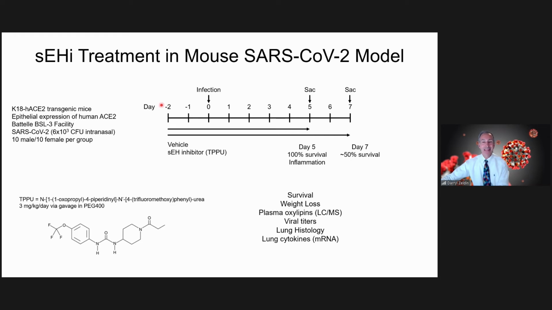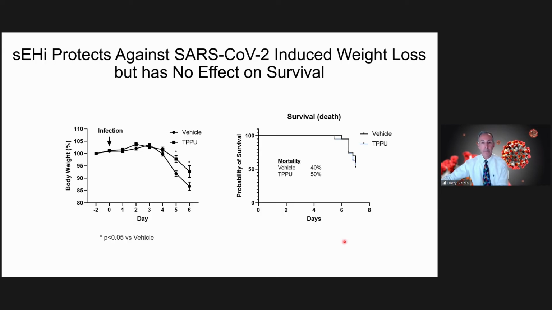We studied 10 male and 10 female mice in each of the treatment groups. We sacrificed uninfected control mice and both vehicle and TPPU treated mice on days 5 and 7 post-infection. We currently have data on survival, on weight loss, and on plasma oxylipins by LC-MS, whereas data on the viral titers, histology, and cytokines are being generated as we speak.